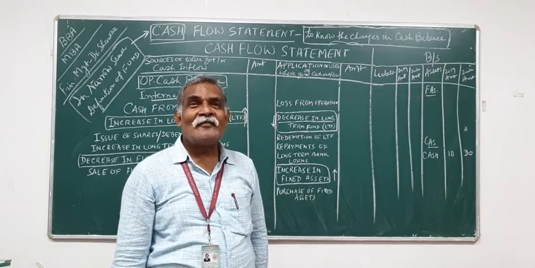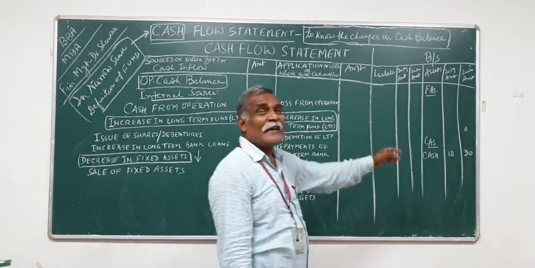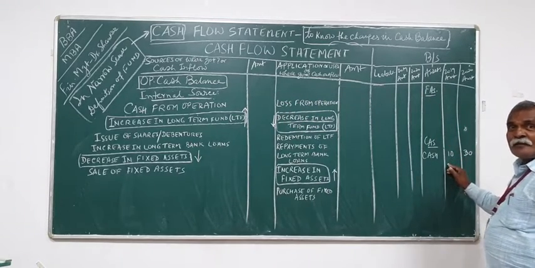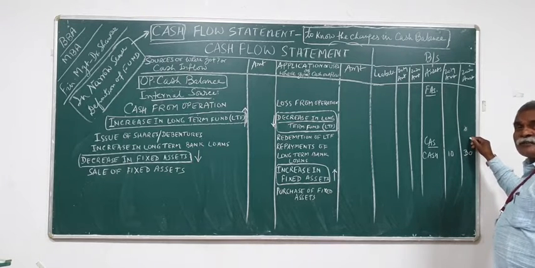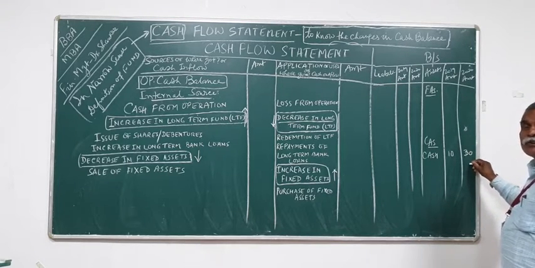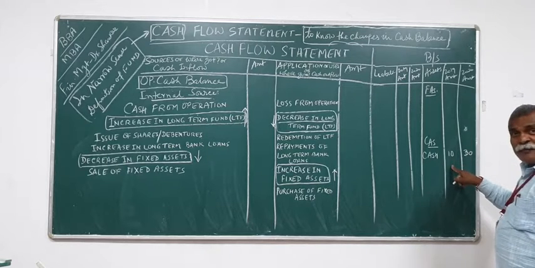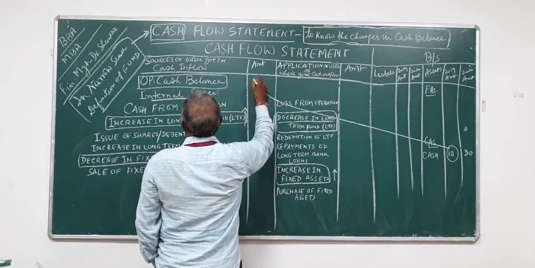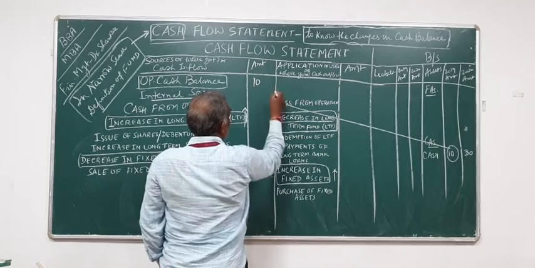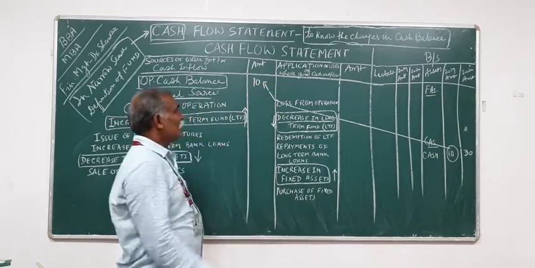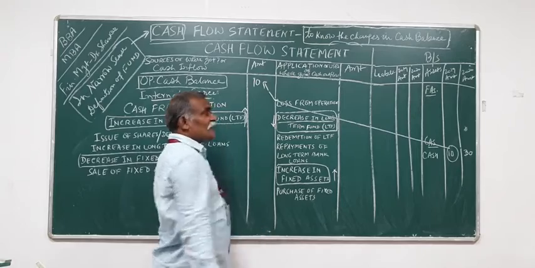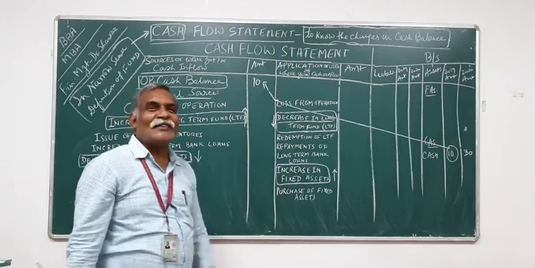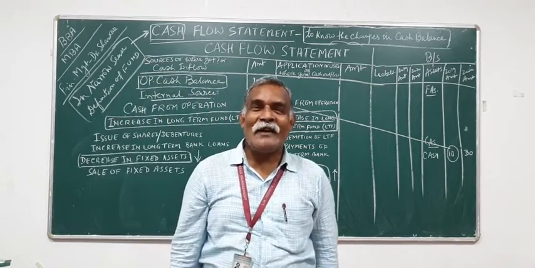Obviously 10. Because this is your opening cash balance, this is the closing cash balance. This is the closing cash balance of 2019. That will become the opening cash balance of 2020. And this is the closing cash balance of 2020. So this is your opening cash balance. So this opening cash balance you write from here. Is that clear? Now, again there are two sources like fund flow statement, internal and external.